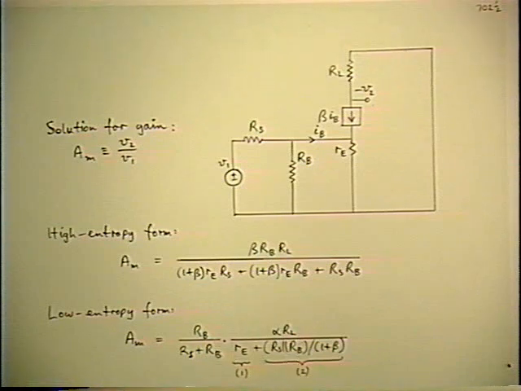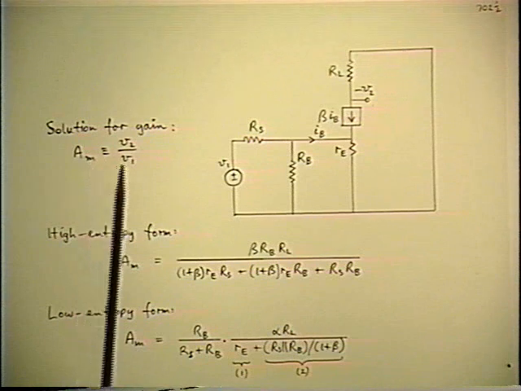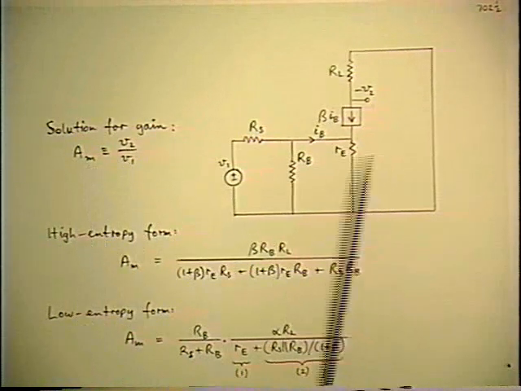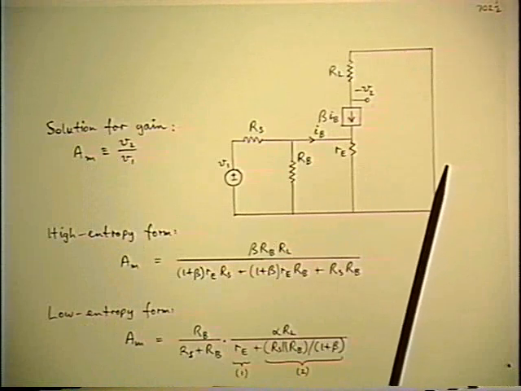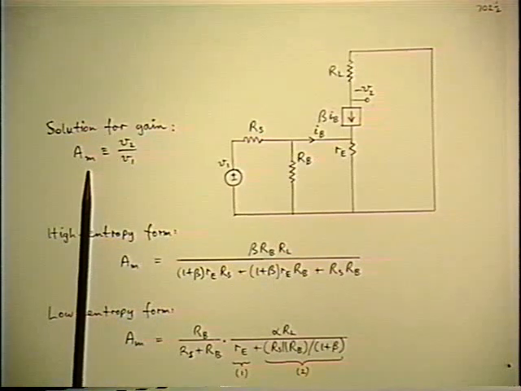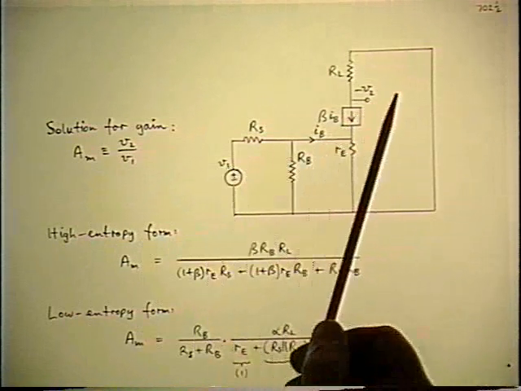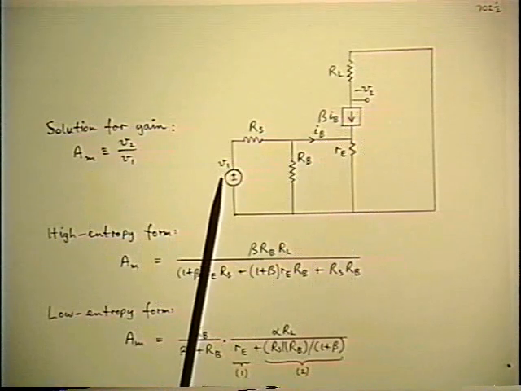Usually the most important analysis that you need to do about this circuit is to solve for the voltage gain. So I call that A sub M, M standing for mid-band, because no reactances are accounted for yet. So we want to solve for AM, which by definition is V2 over V1, the output voltage divided by the input voltage.